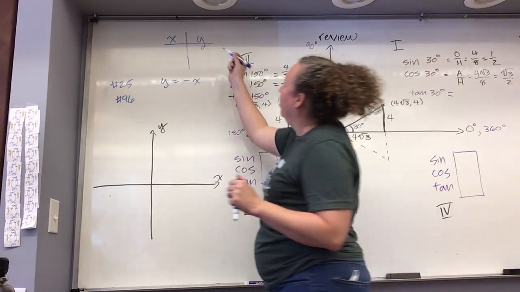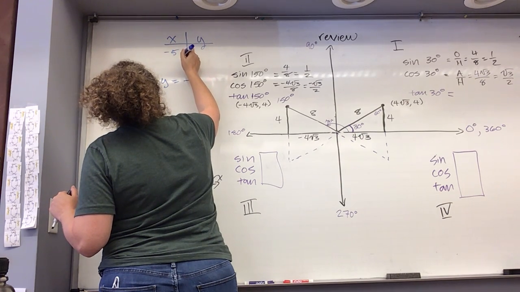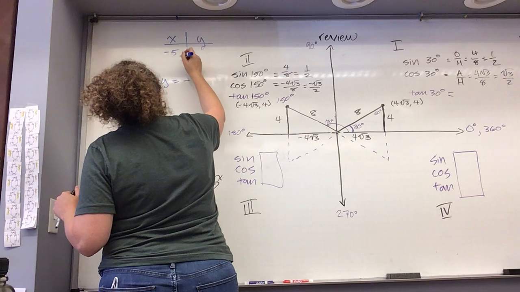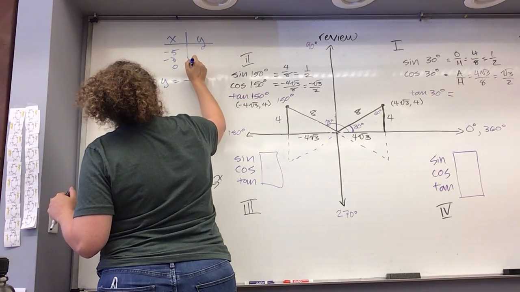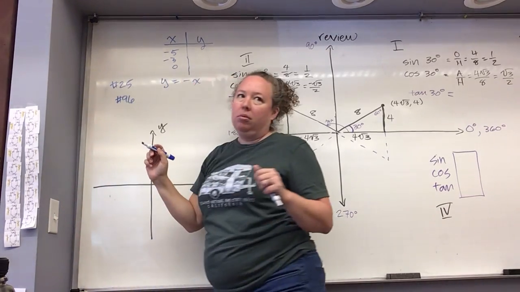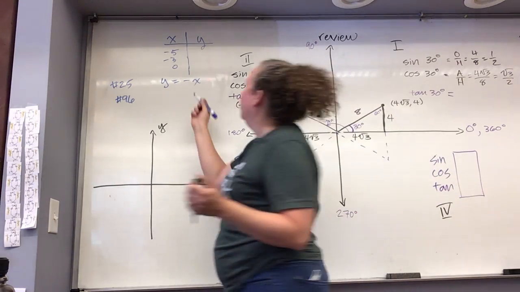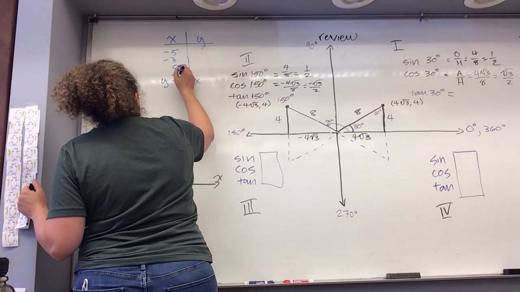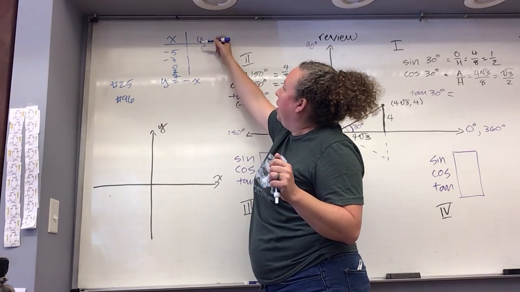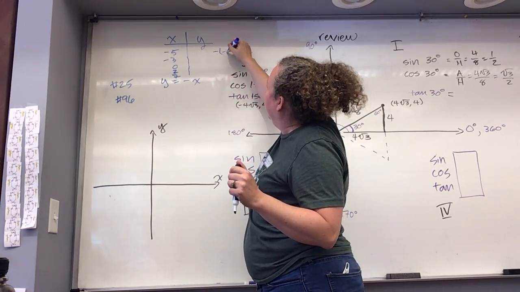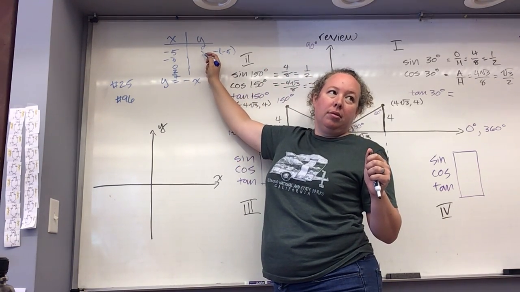Negative 5. And we can do maybe one more negative, negative 3. We want to do 0, and then do a couple positive ones too. 7. Okay. I'm going to say how about 2. Okay, so if y is equal to negative x, what's negative negative 5? 5.